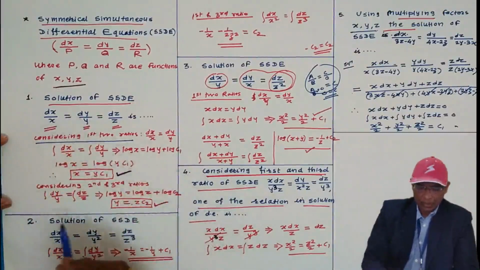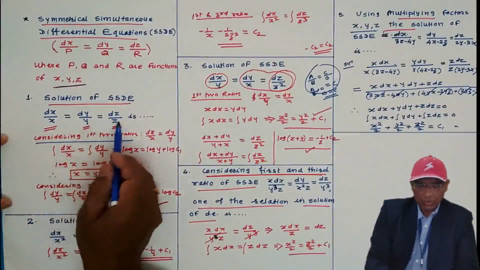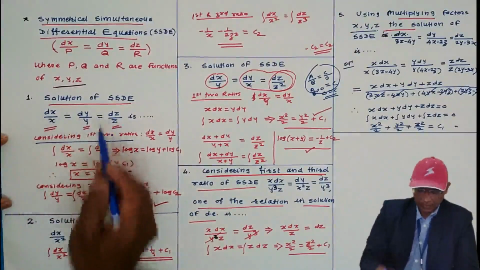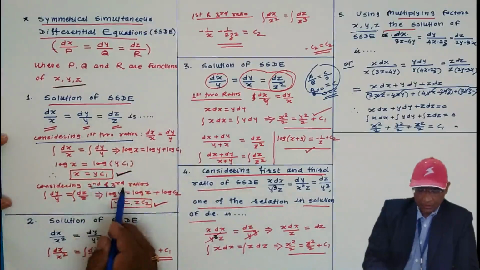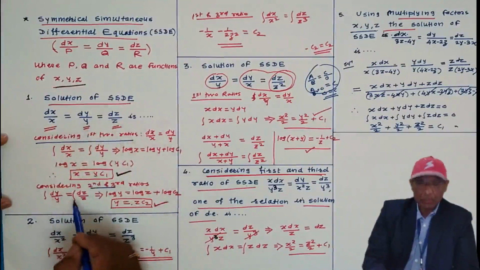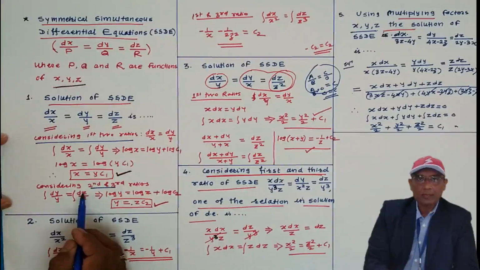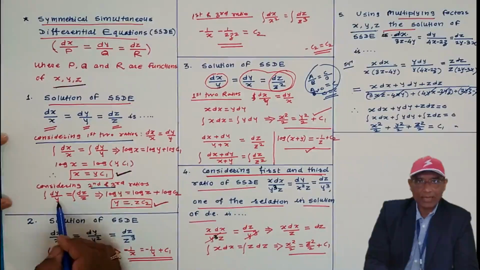Now second solution, considering second and third ratio. So you can consider first and third ratio also. I am considering second and third ratio. So these two ratios I am considering, integrating directly because integration is possible. The dy and dz terms are there in the numerator, and in the denominator only y and z terms are there. No x is present.